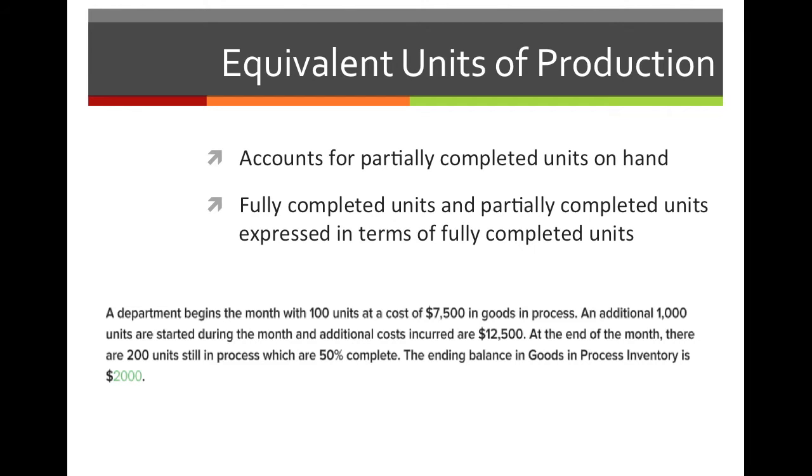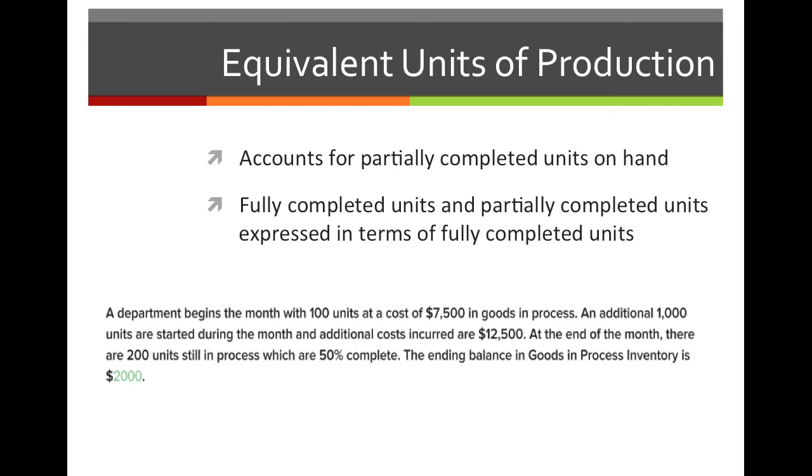And now how we get the 2,000 for what's left in the ending balance in goods in process inventory is we take the total costs, that 7,500 plus 12,500, which gives you 20,000. So you take the $20,000, divide by the 1,000 units that we came up with, which gives you $20 per unit.